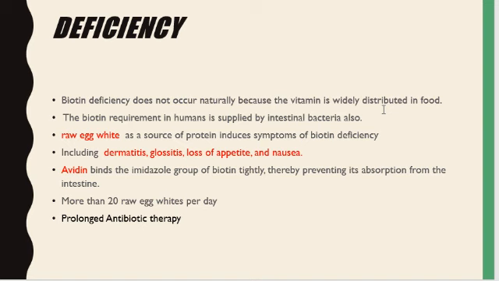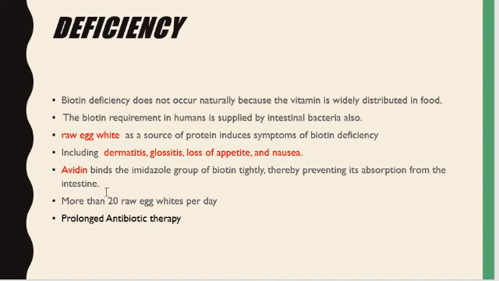However, it is related with excessive use of raw egg white as a source of protein. This induces the symptoms of biotin deficiency, and these include dermatitis, glossitis, loss of appetite, and nausea.